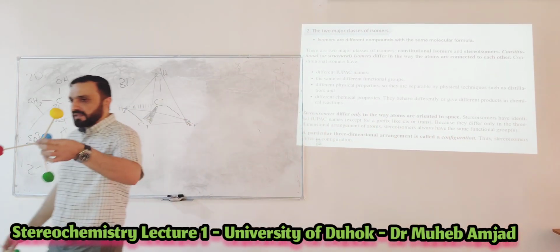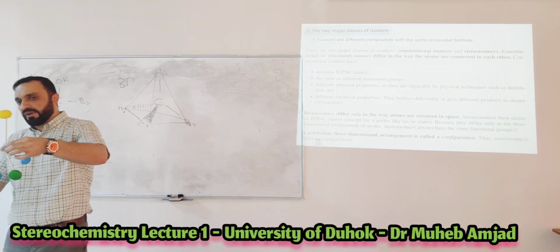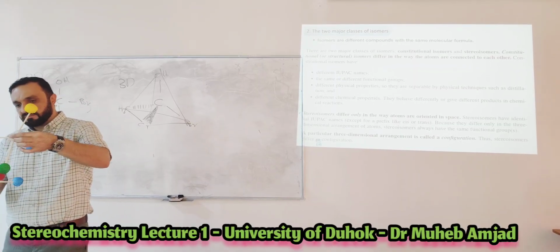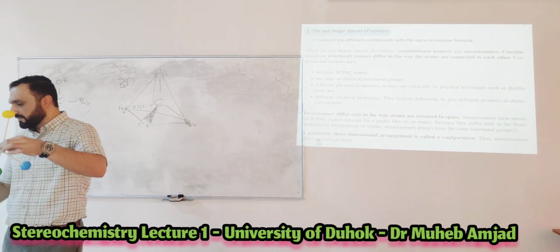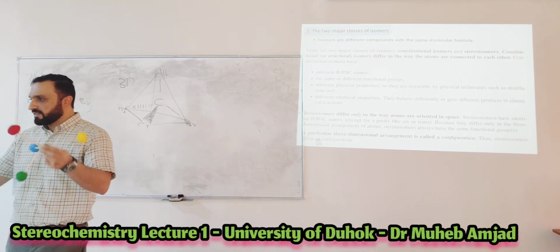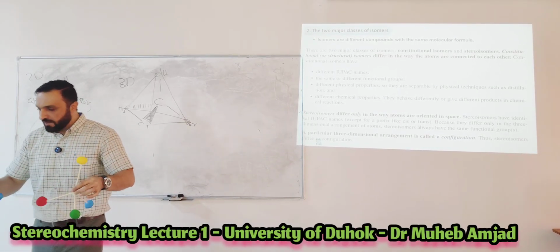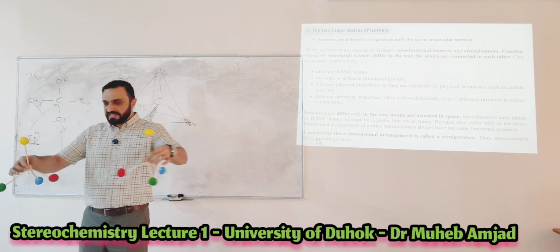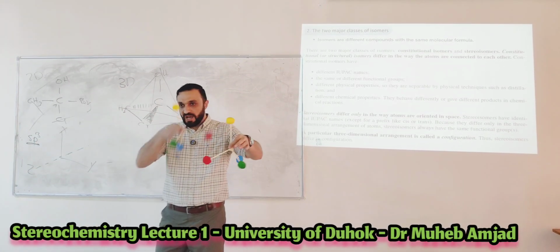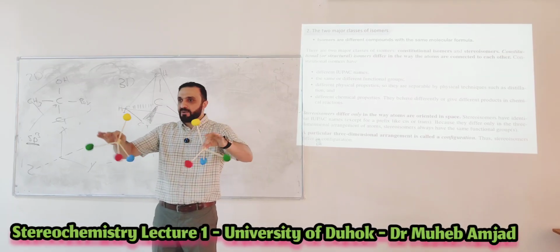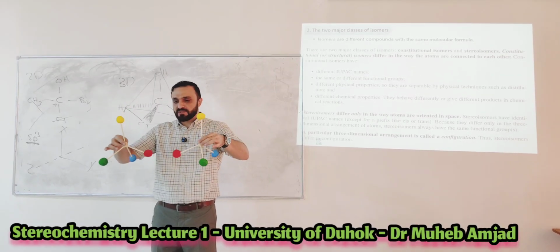Look, they have the same functional groups, for example OH, Br, hydrogen with the blue color, and here chlorine. It is the same molecule. And I will put it like that. Look, this is exactly the mirror image of this. If you have a mirror, it will be a mirror image, like our hands.